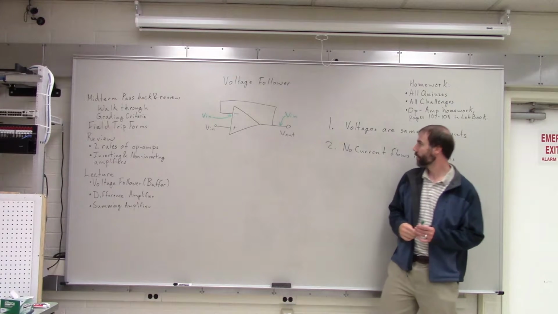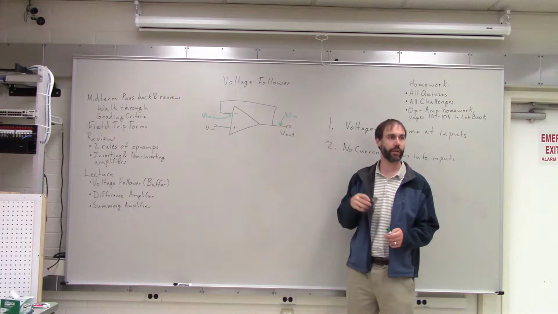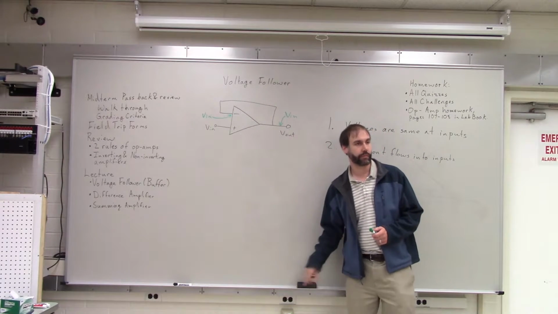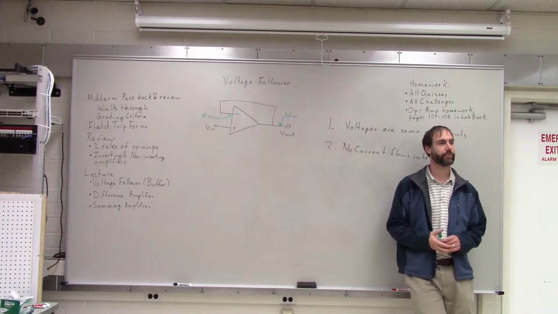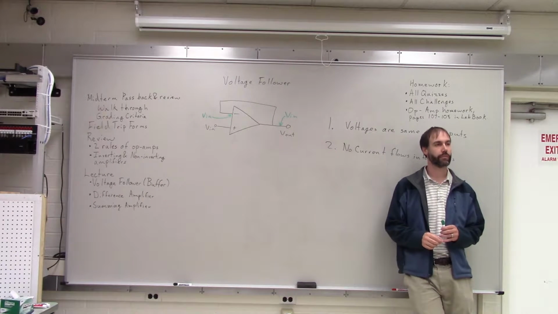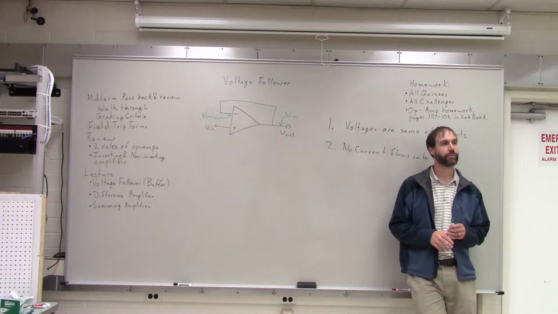Okay. Then I'm going to move on. Anybody need a few more minutes on this? Yeah. So you could take a very weak signal, like I said. It's going to have very low current, but you could then use it to drive something like an LED or something that takes 20 milliamps.